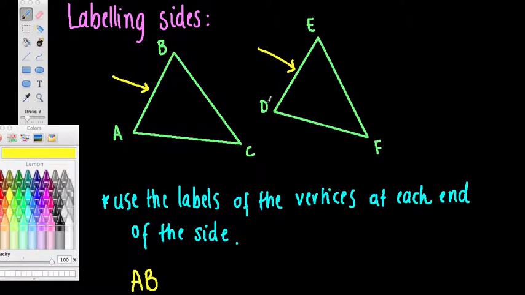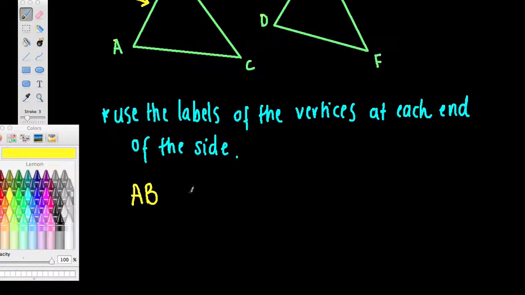So what I need to do is do the order exactly the same. So I need to use the same vertices. So this vertex here, A, corresponds to that one, D. In other words, if I enlarge this triangle and sat it on top of that one, A and D would be sitting identical on top of each other. So this side here I'd actually call DE.